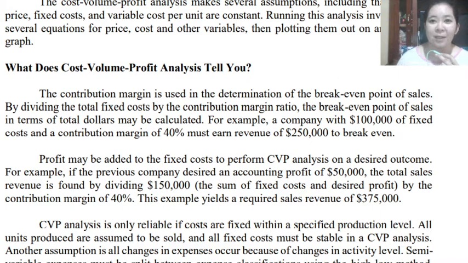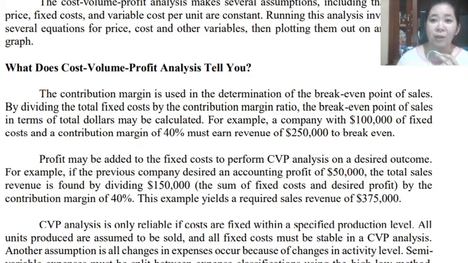Here, when you present it under the contribution margin format, we will classify the costs as fixed and variable, as compared to our usual income statement preparation, where costs are classified according to their nature or function.